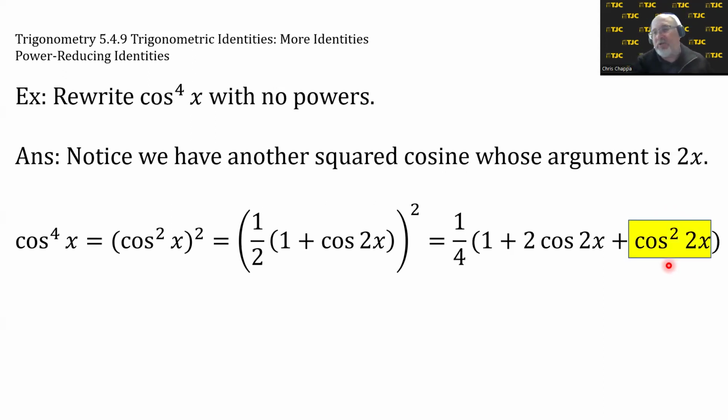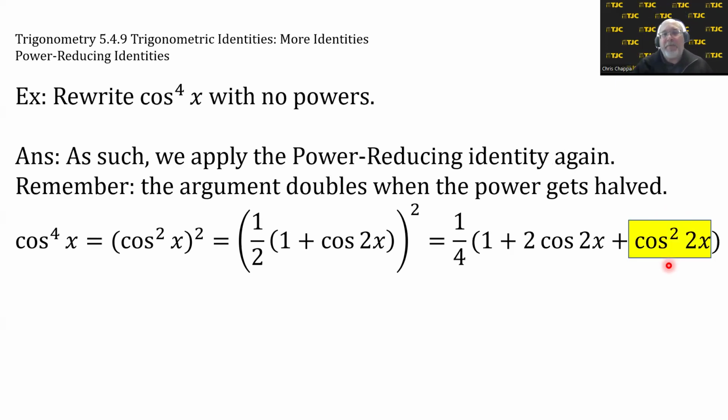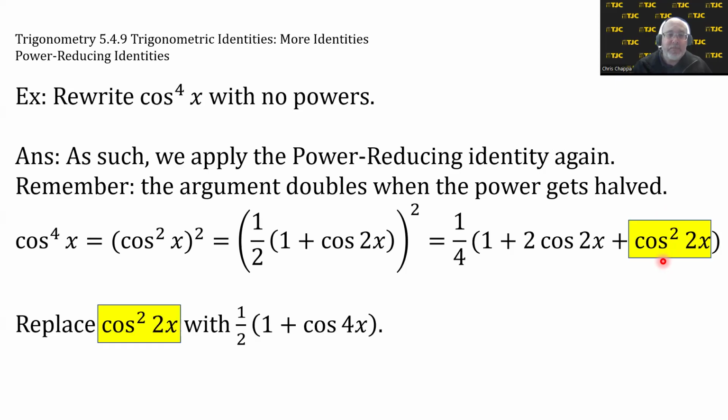We have another squared cosine, but this time the argument is 2x. So we're going to apply the power-reducing identity again. And remember, the argument will double, so it will double from 2x to 4x, and the power gets halved. So if we replace the part on the inside with what we get when we apply the power-reducing identity for cosine squared, we're going to replace that with 1/2 times 1 plus cosine of 4x.